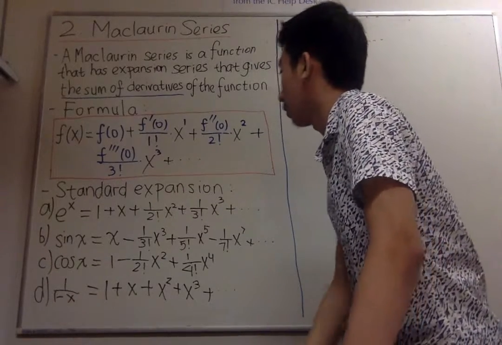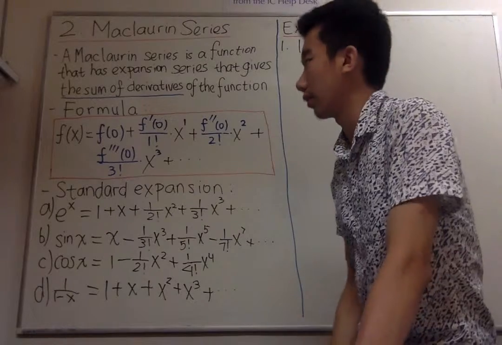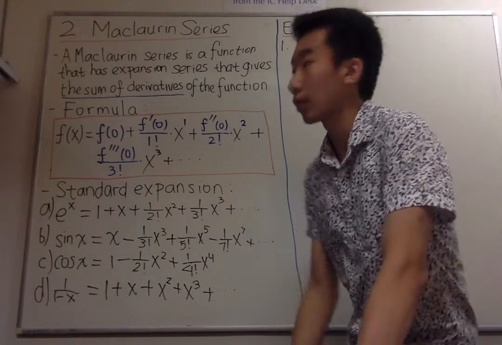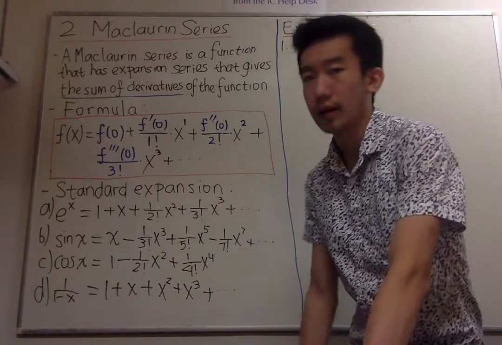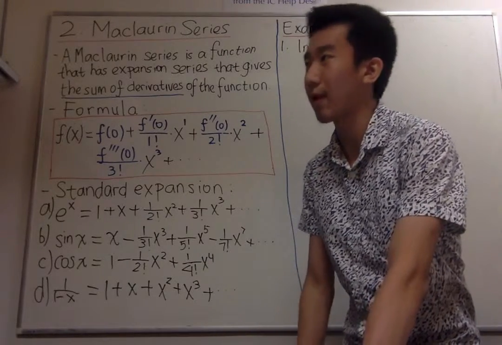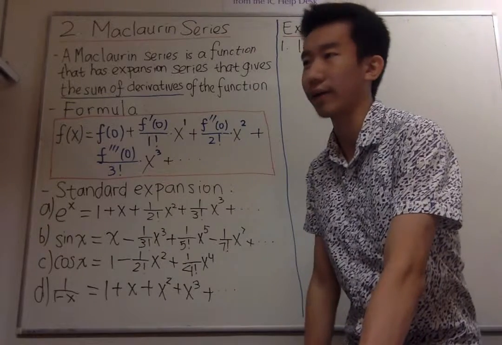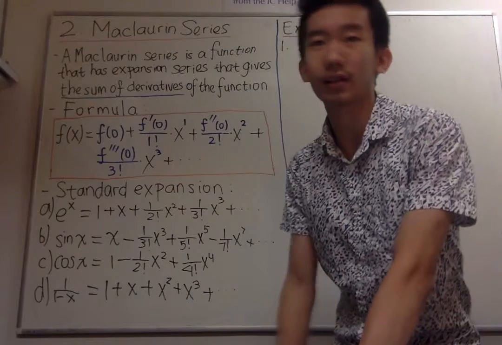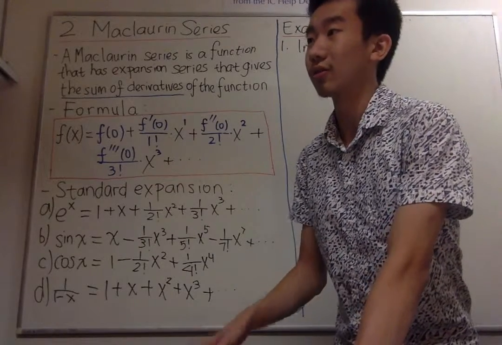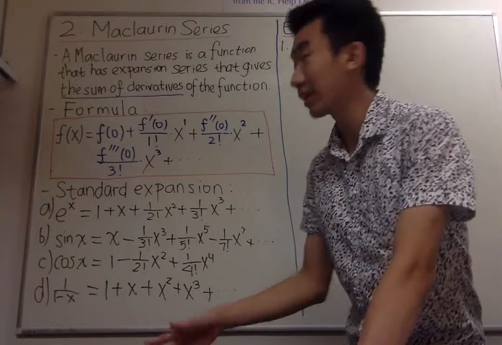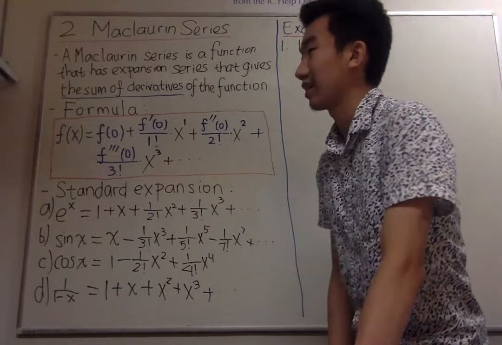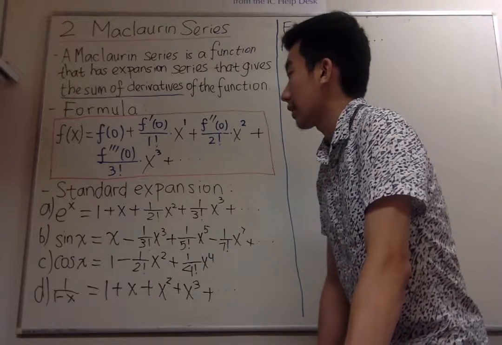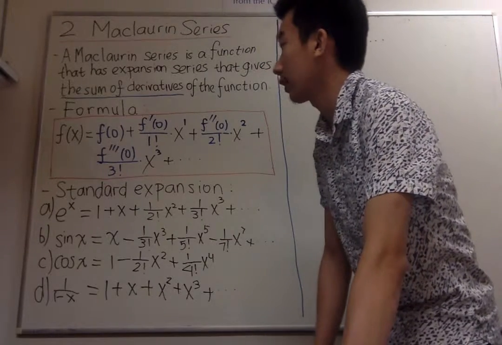Now we have the standard expressions for some of the functions for the Maclaurin series, and I suggest you better memorize these functions. Yes, you can derive them, but I'm afraid you may lose a bit of time by redoing this. There are 4 of them.